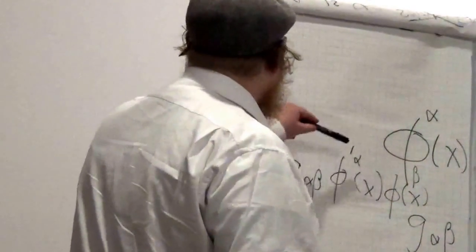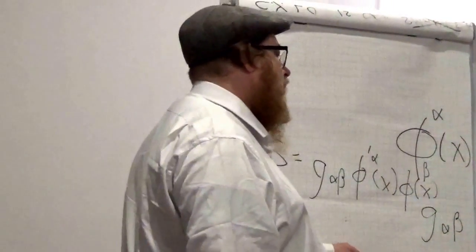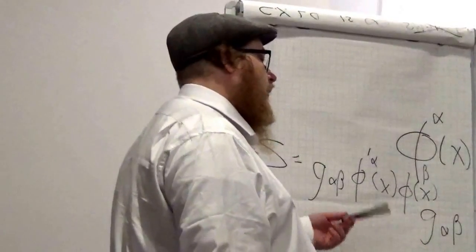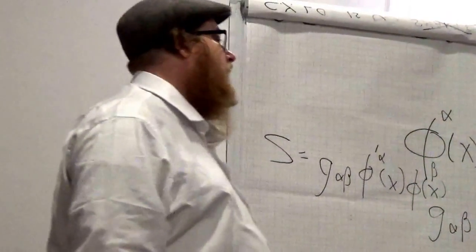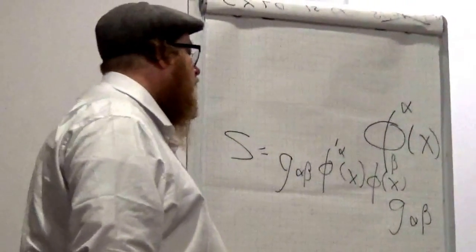When you allow these to be an array of particles so that you end up with a matrix, this becomes a matrix, and that's your scattering matrix.